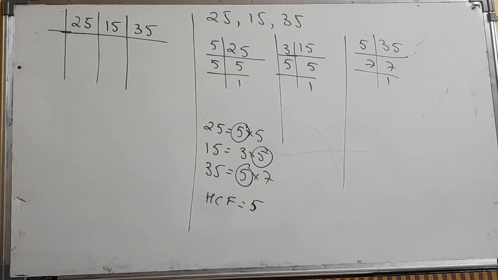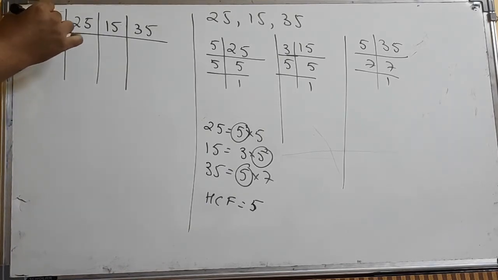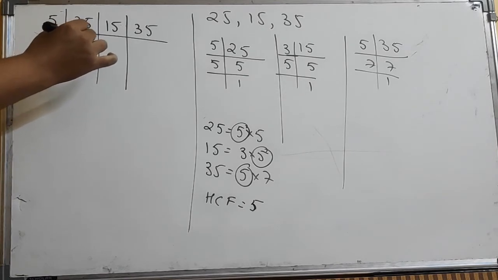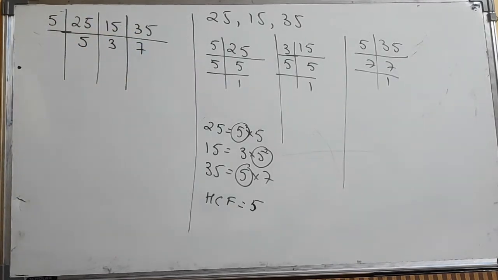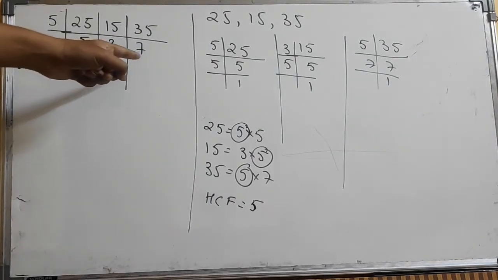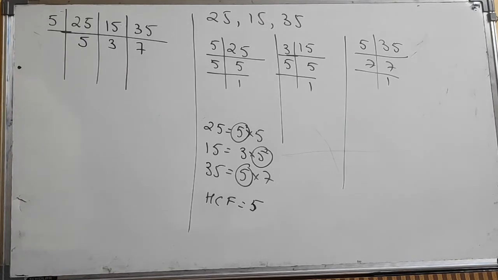So the first number which I am going to take is 5. 5 5s are 25, 5 3s are 15, and 5 7s are 35. Now if you notice, you cannot further divide any of these numbers by a common factor. So we cannot go further.